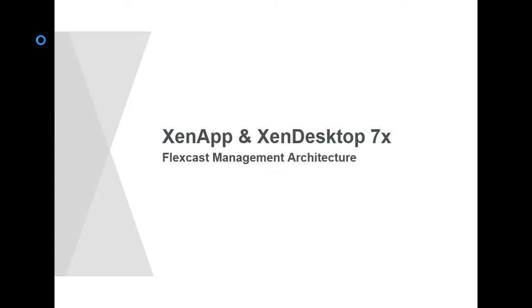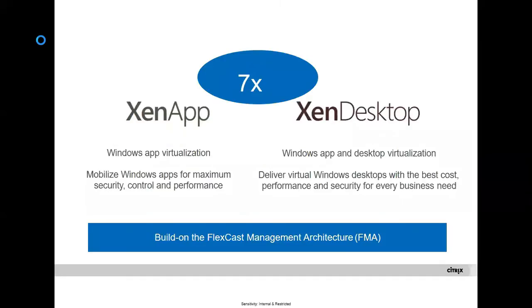But now that XenApp and XenDesktop are combined, the new architecture uses the same FMA concept that XenDesktop used, in XenApp and XenDesktop 7.15 LTSR or any 7x version of Citrix.